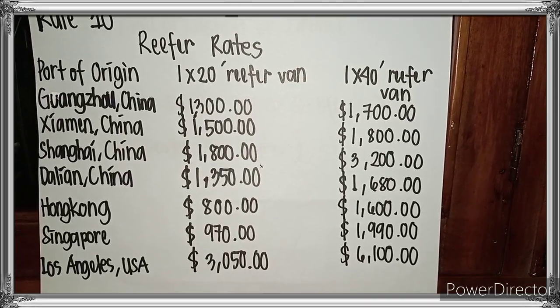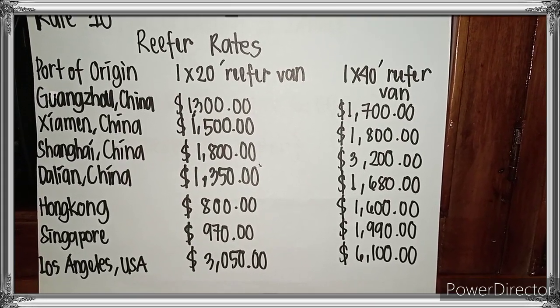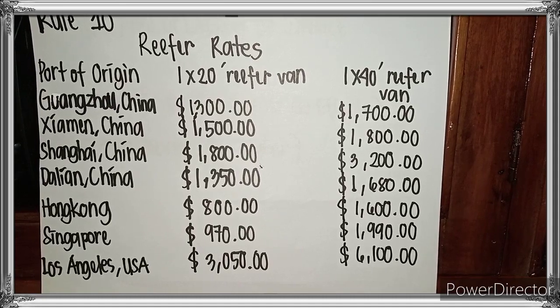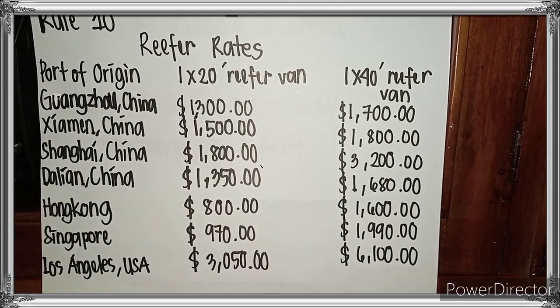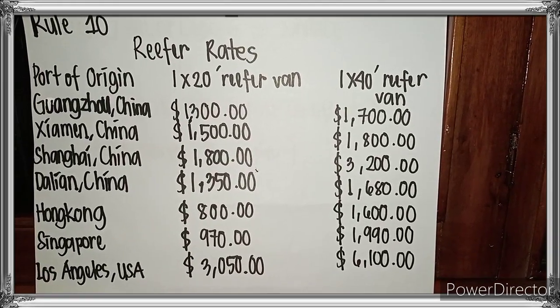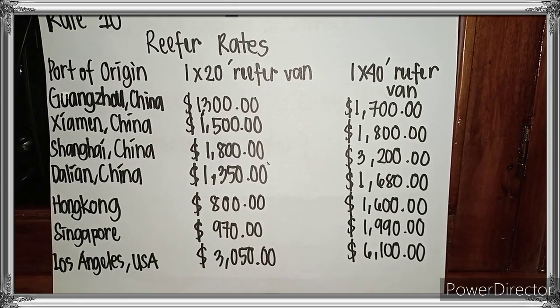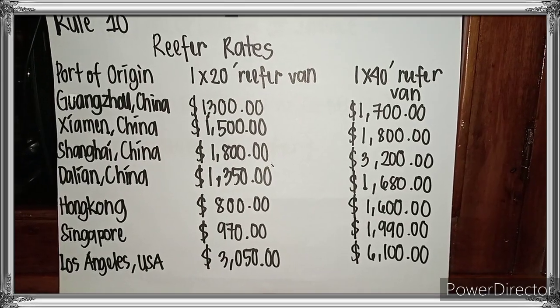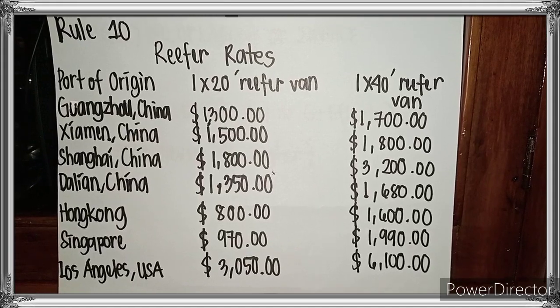And then it follows with the other ports of origin and their specific values for the reefer vans, according to what the problem or statement refers to.